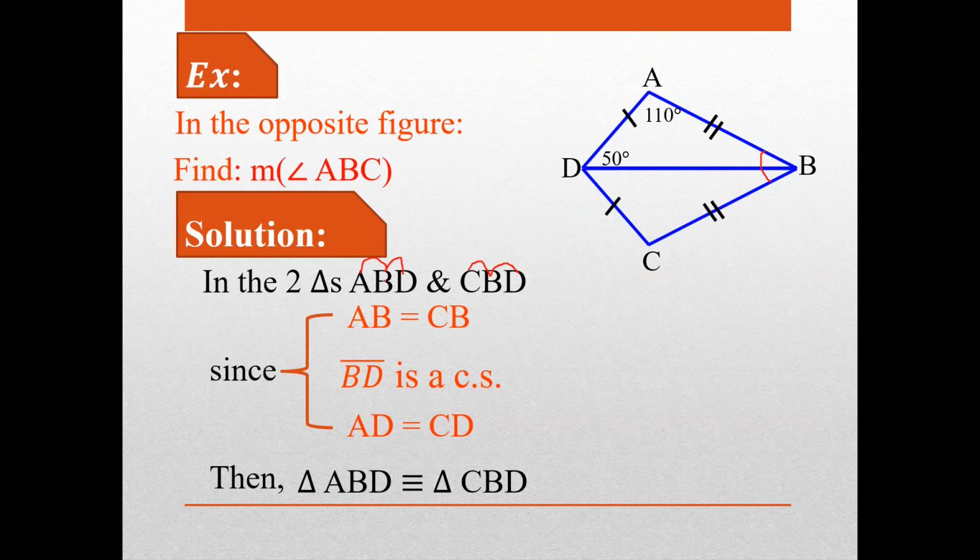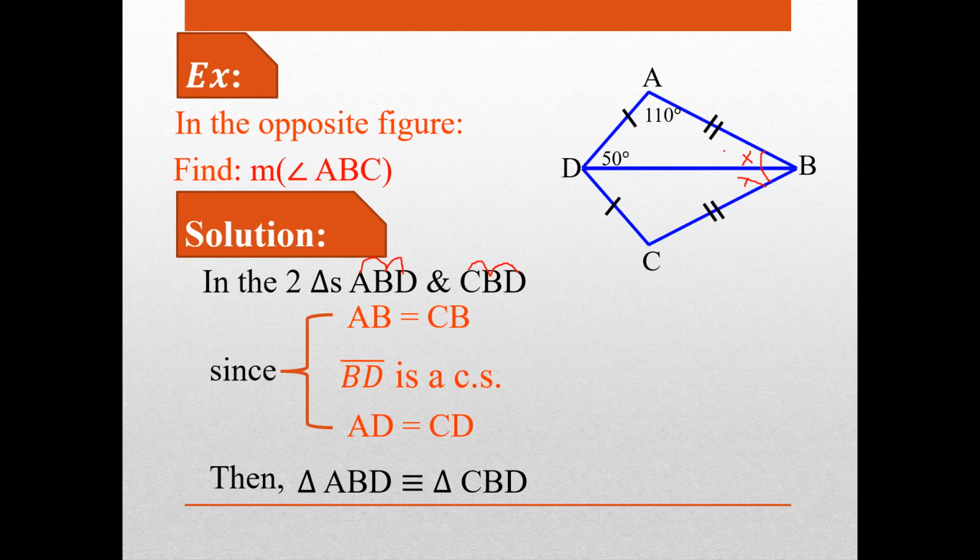So angle ABD, where is angle ABD? It equals in measure angle CBD, this angle. But we don't have the measure of the angle. It's so easy. The sum of the measures of the interior angles in any triangle equals 180. In triangle ABD, the measure of angle A is 110 and the measure of angle D is 50.